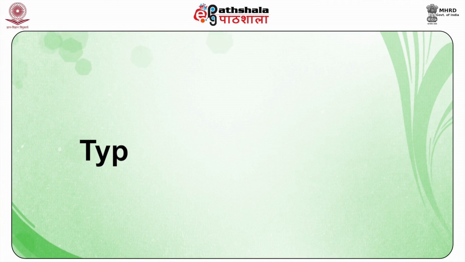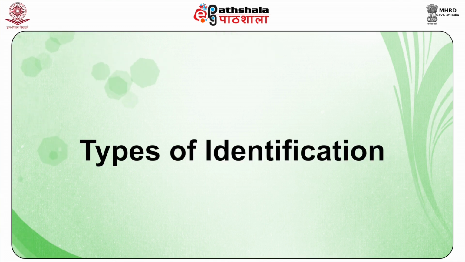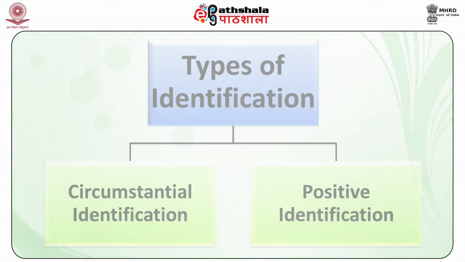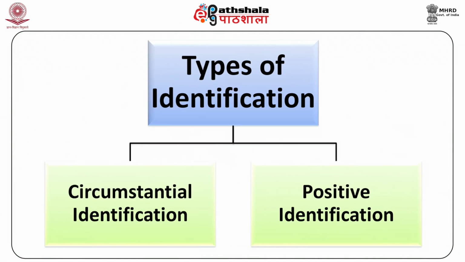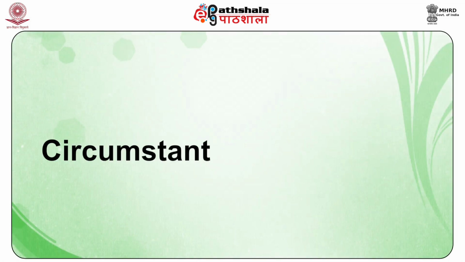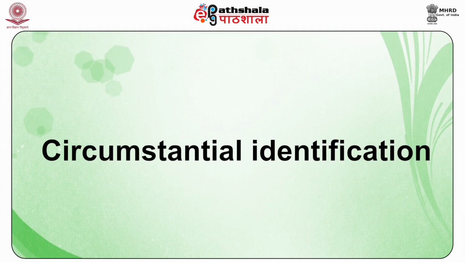Then I will be talking about the types of identification. There are basically two types of identification which are used in forensic anthropology. The first is circumstantial identification and the second is positive identification. First, we'll talk about circumstantial identification.